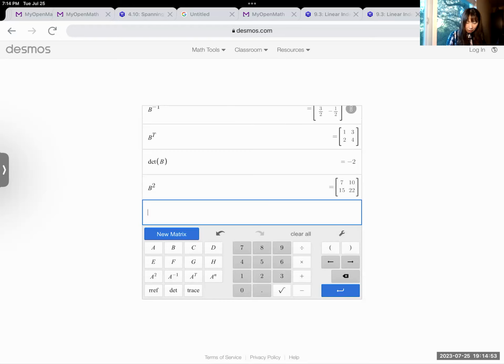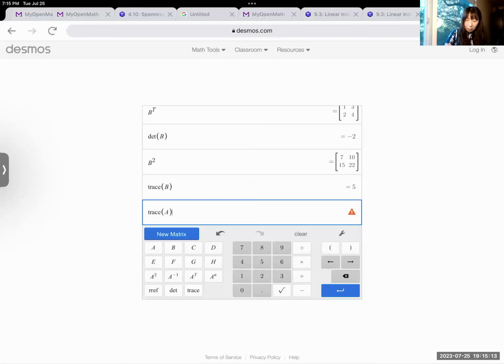And trace means we add diagonally. So that's the B. And let's try trace of A. Oh, probably it's not a square matrix.